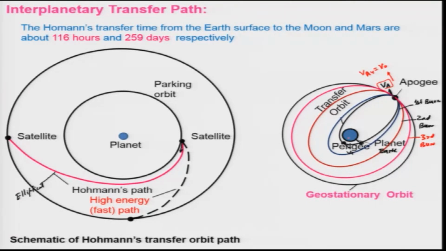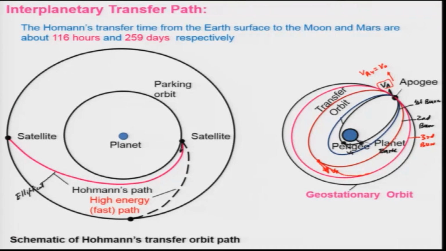If you have that, let us say for example, you can impart a very high velocity Vp at the perigee, so that it will be transferred to another orbit, so that you can achieve it very easily.